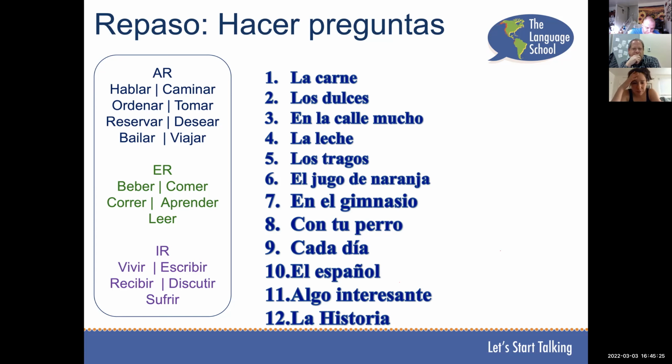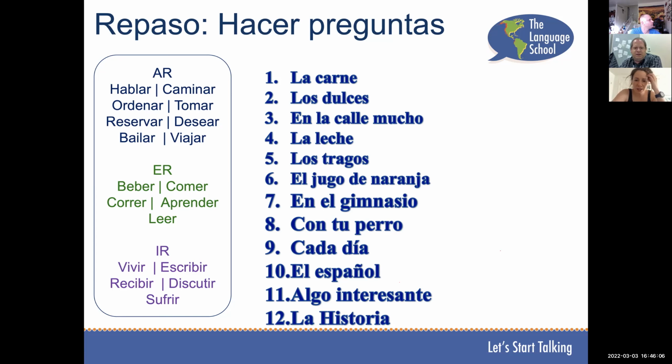¿Tú escribes cada día? ¿Qué significa cada día? Every day. Repite. ¿Tú escribes cada día?